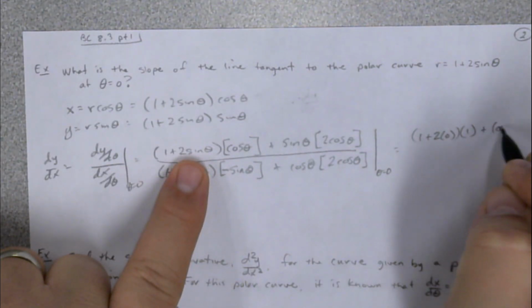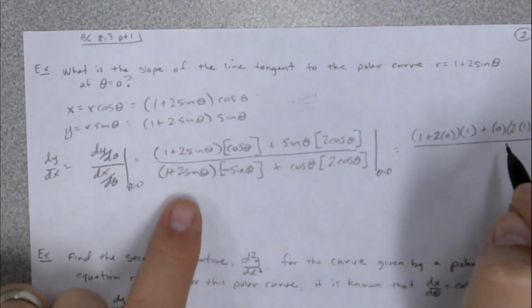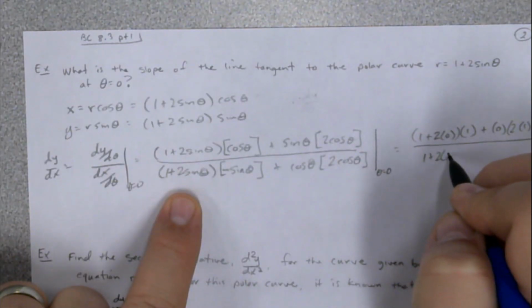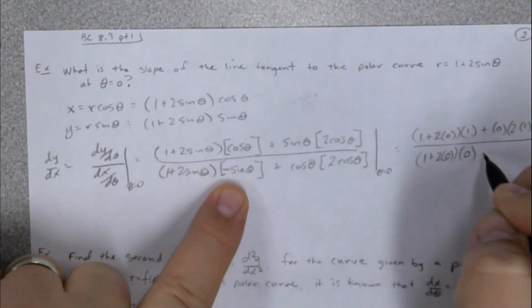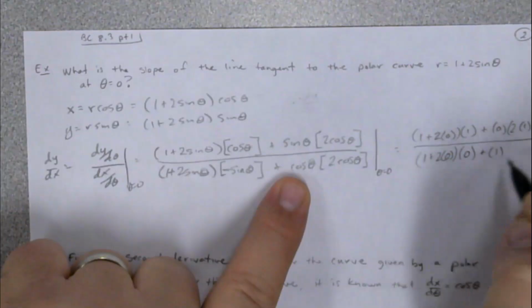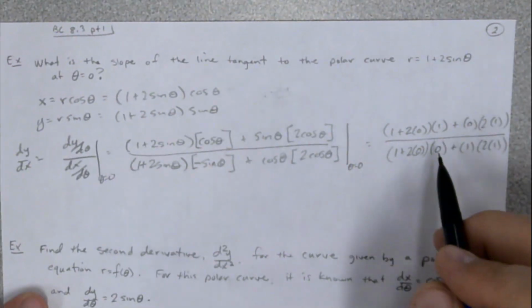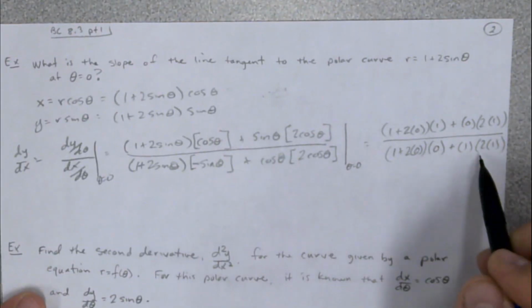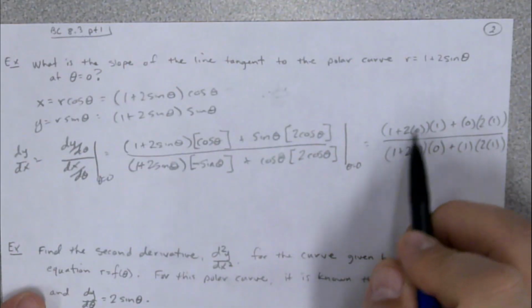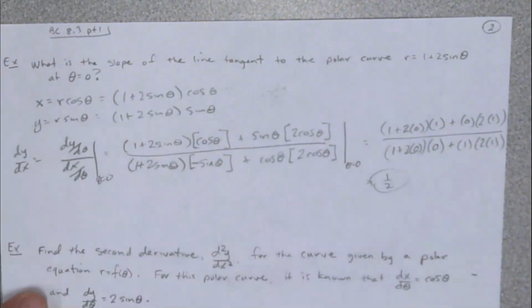The sine of 0, cosine of 0, and then 2, 0, 0, 1, 2 times 1. Okay, so just plug it all in like that. And when you work all this out, that's gone, this is a 2, this is gone, so you have 1 over 2, 1/2. And there you go.